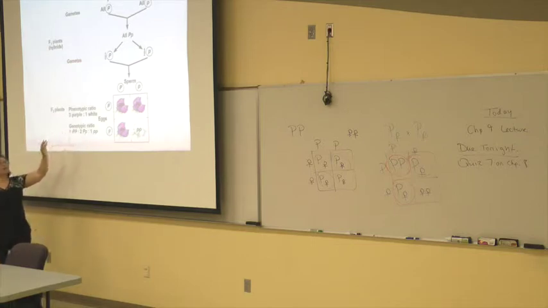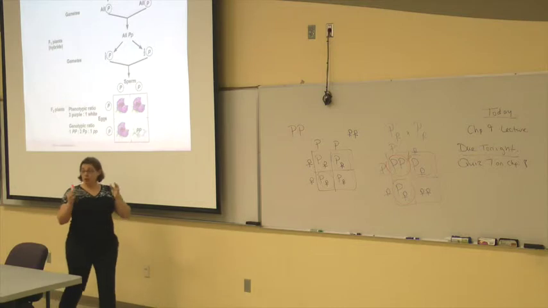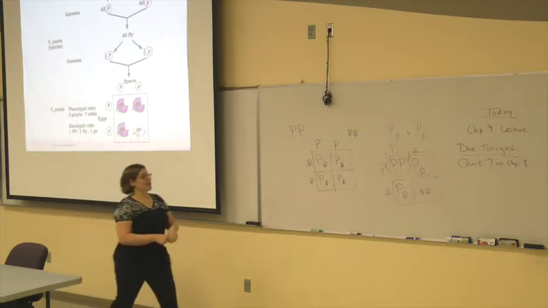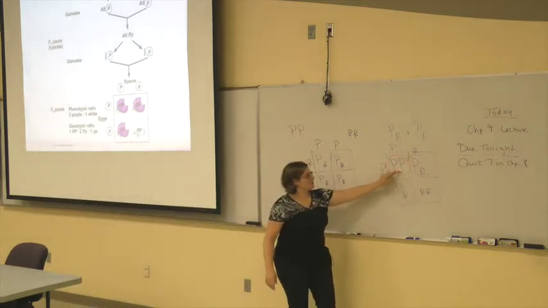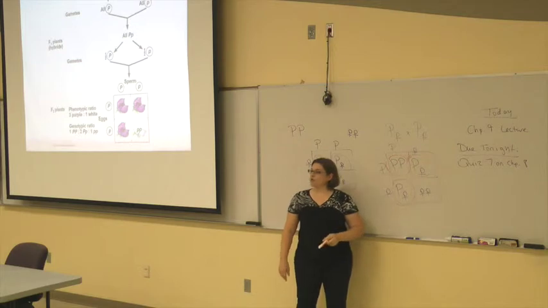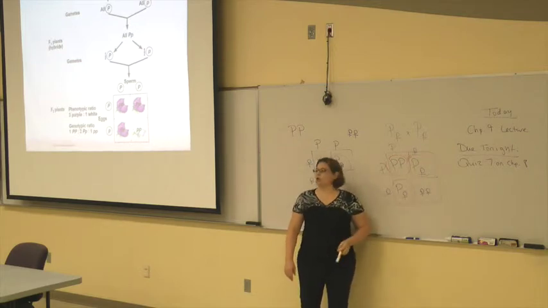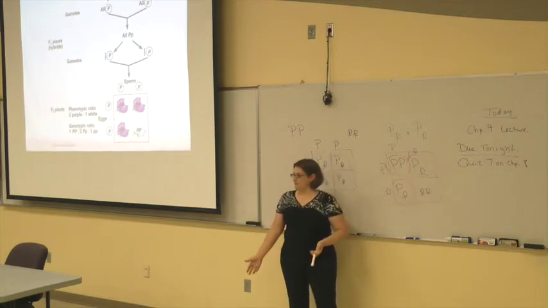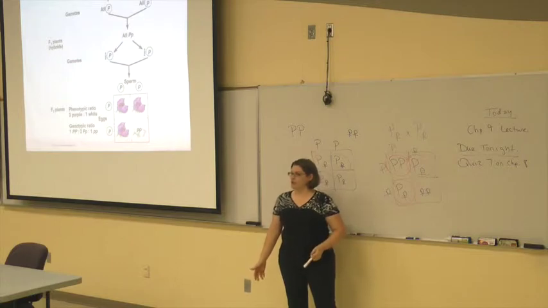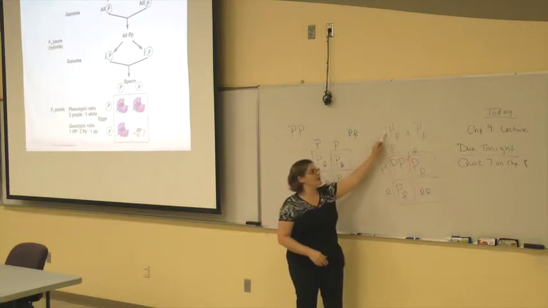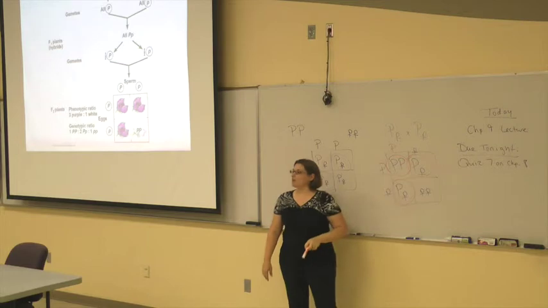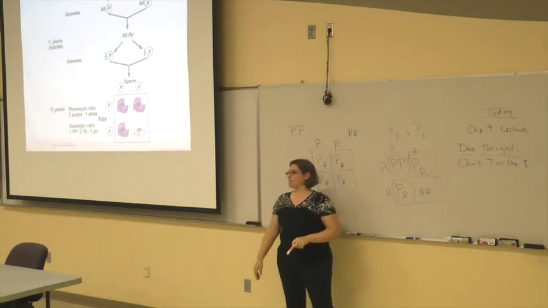You get a 3-to-1 phenotypic ratio. That's the ratio of purple to white. 3/4 are going to be purple, and only 1/4 will be white. A 3-to-1 phenotypic ratio will always happen if both parents are heterozygous for one trait.